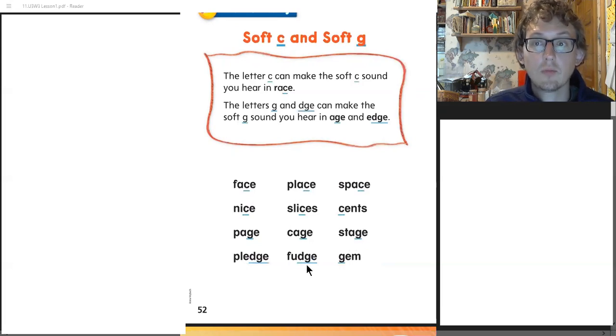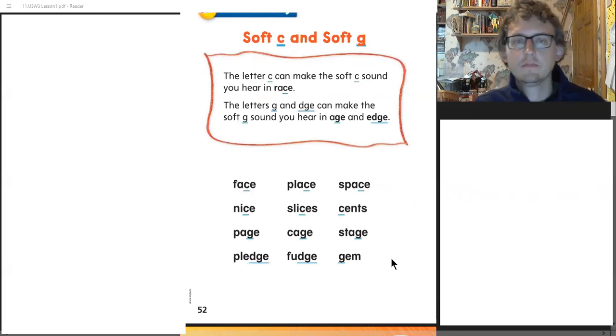Okay, I'll read it one more time now. Face, nice, page, pledge, place, slices, cage, fudge, space, sense, stage, gem.